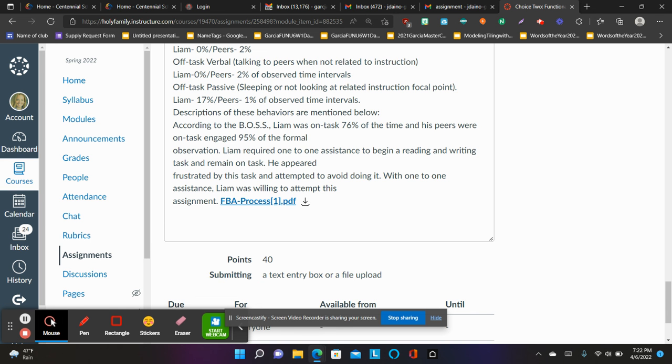However, I want you to turn back to the fact that Liam experiences durations of elopements. So I'd like you to develop your FBA and then use that data to then devise your behavior intervention plan.